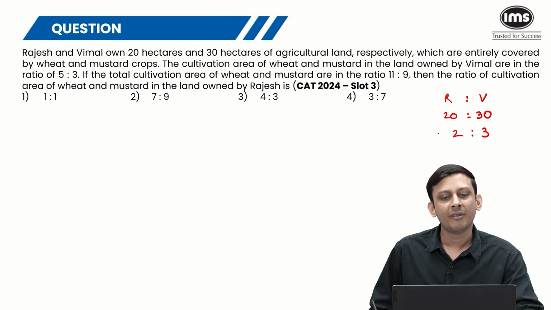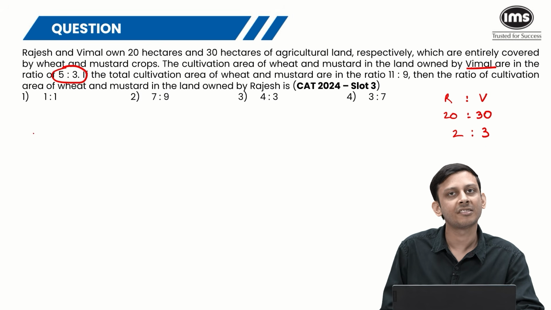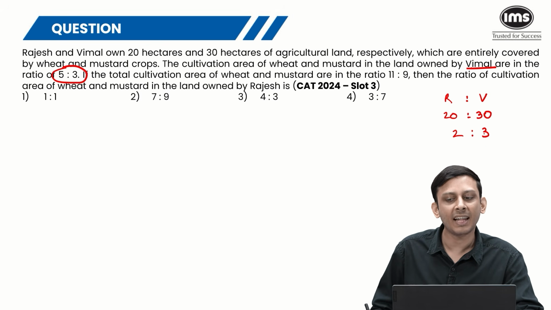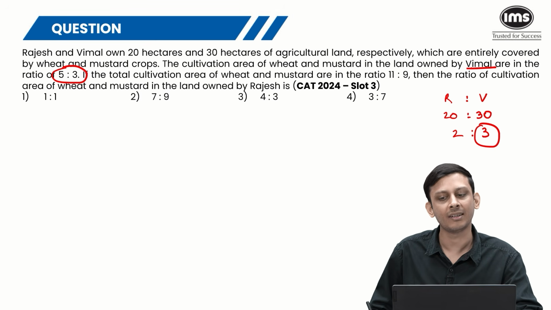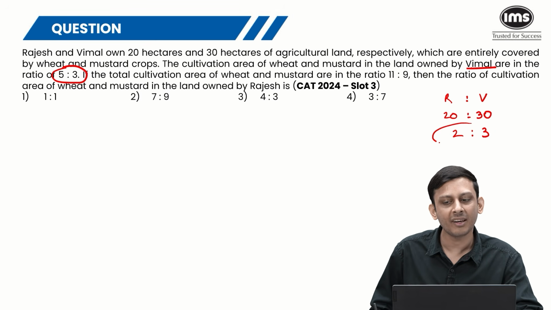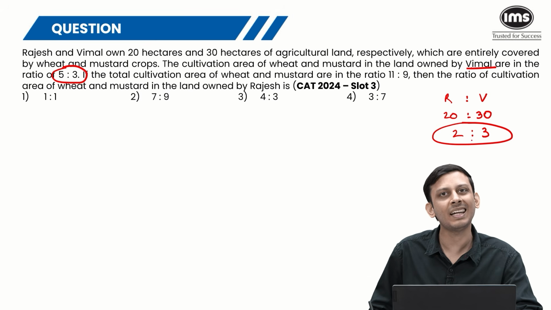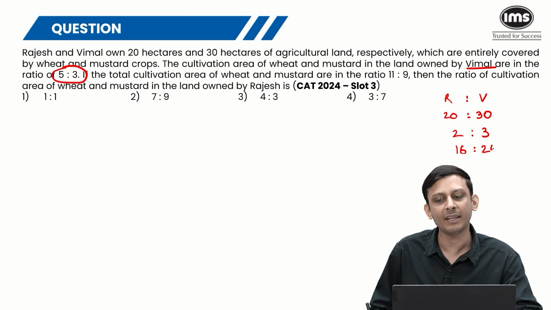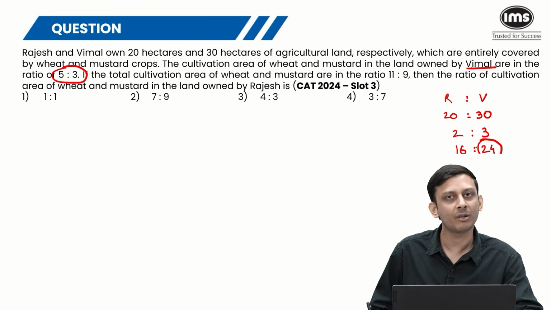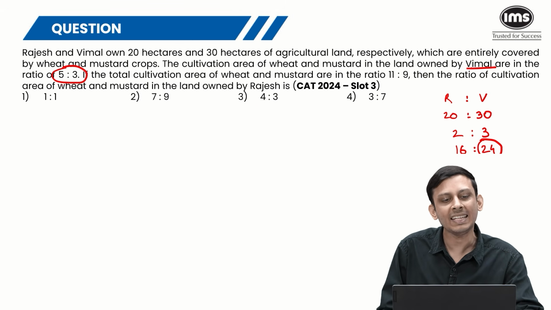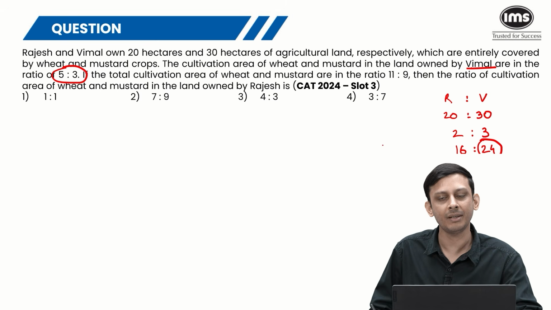Now, first thing we can see is that for Vimal, we will have total 8 parts. So we need Vimal's value in the ratio, total hectares for Vimal, to be a multiple of 8. So whatever we have here, 2:3, we will multiply with 8. So we will get 8 into 2, 16, and 8 into 3, 24. Now Vimal's part, 24, that will be a multiple of 8. So we can easily divide it in the ratio 5:3.